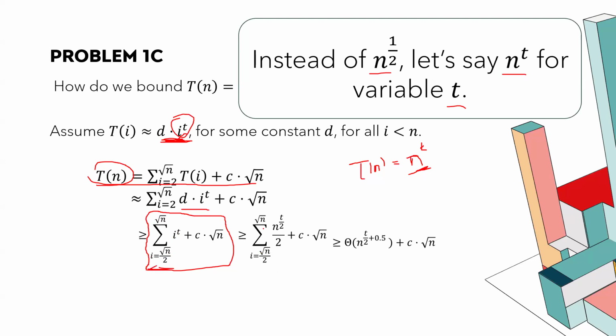Okay, what happens next? What's the smallest value of i now? It's still square root of n over 2, so we might as well write that: square root of n over 2 to the power of t. This should have been 2 to the t. Well, I argue this is around n to the t over 2. t here is constant.